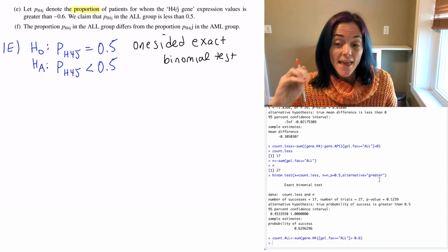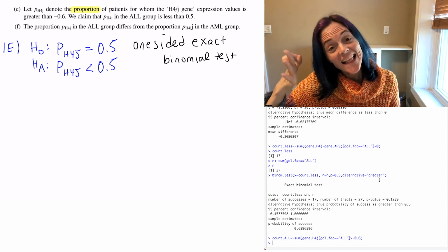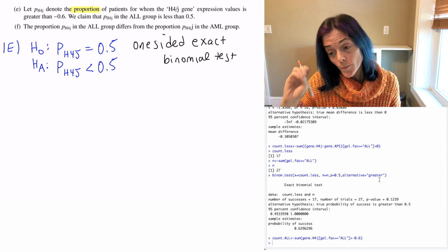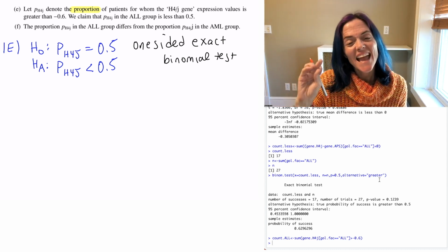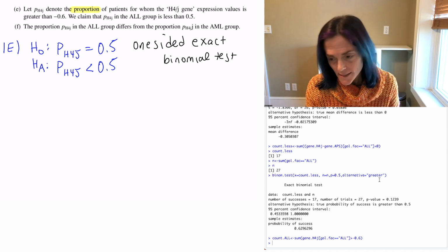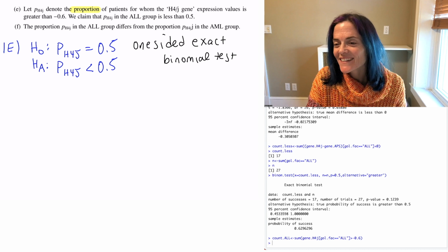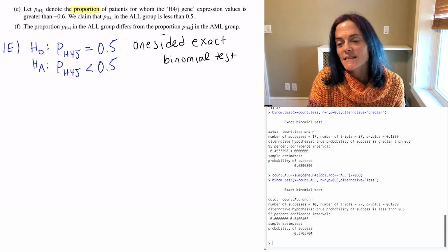Variable count.ALL is the number of ALL patients for whom the gene expression H4J value is greater than minus 0.6. Then we're ready to conduct our binomial test here.